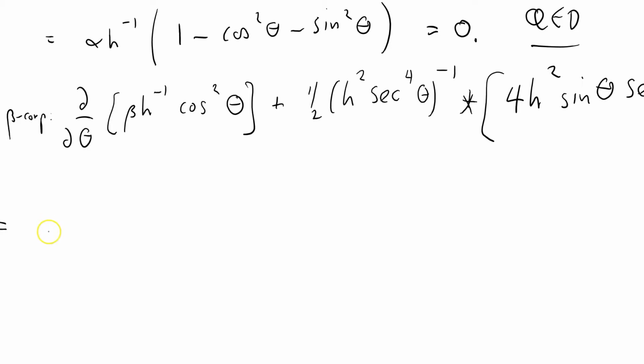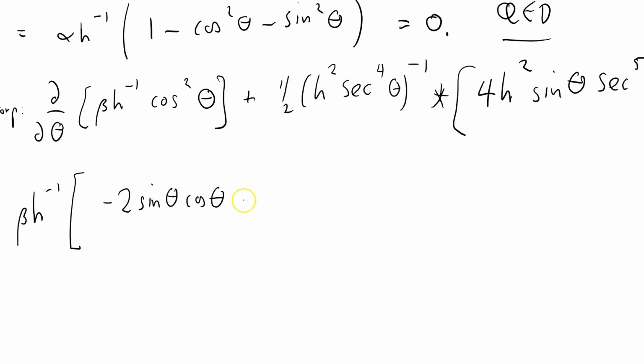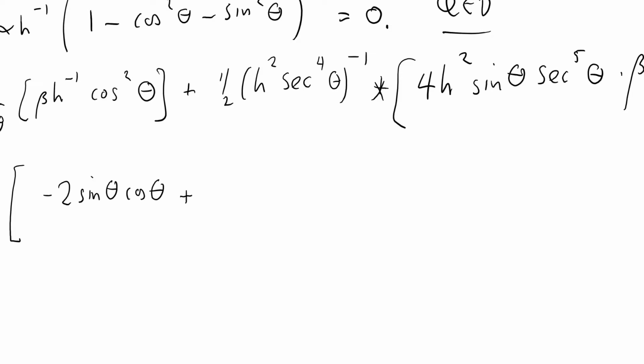So again, I'm going to factorize by β h⁻¹ times the differential with respect to theta of cos²θ, which is minus 2 sin θ cos θ, plus, I've got the h², I can ignore the h².